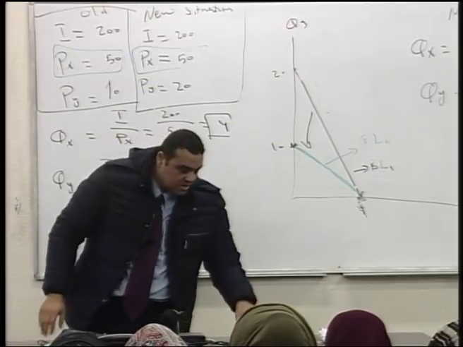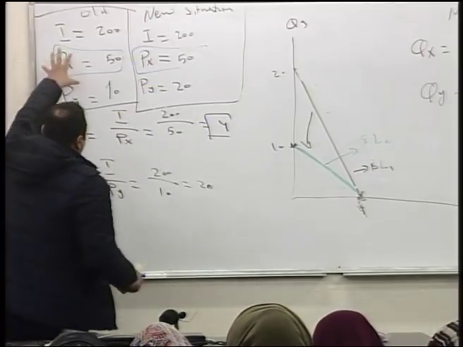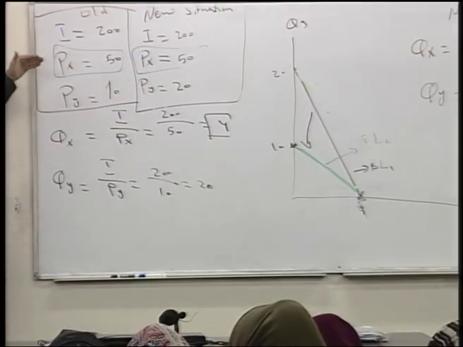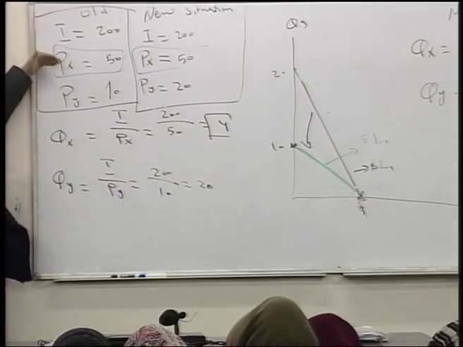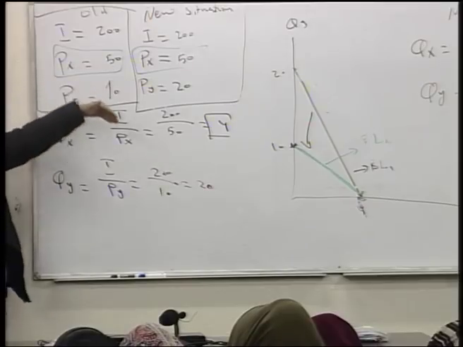Let us assume the original situation: the consumer's income equals 200, the price of X equals 50, the price of Y equals 10.